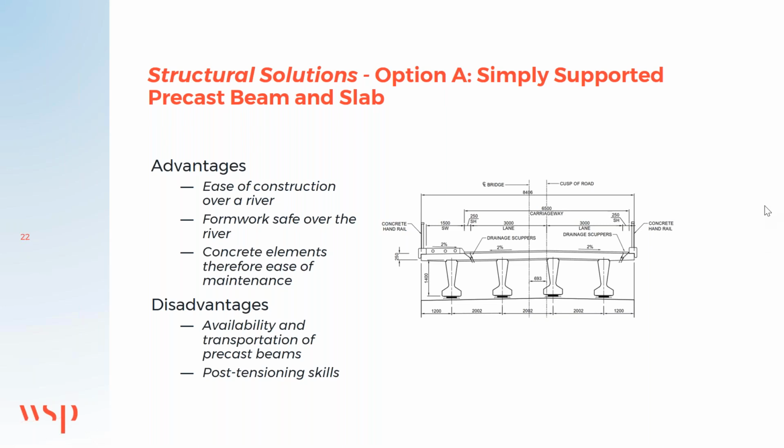There's ease of construction over the river without necessarily needing formwork or anything, and the concrete elements are going to be relatively free of maintenance except at expansion joints, etc. The disadvantages are that the availability and transportation of the precast beams is going to be a bit of a challenge, considering that this is in Arua, some kilometers very far away from Kampala and even the capital. Also, this construction method would require that the contractor has very skilled laborers who are able to do post-tensioning.